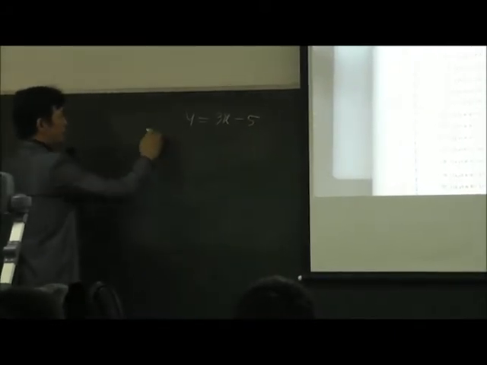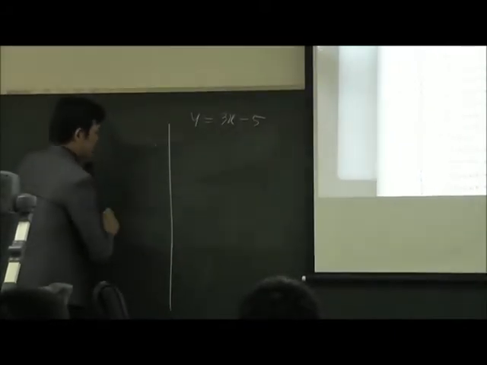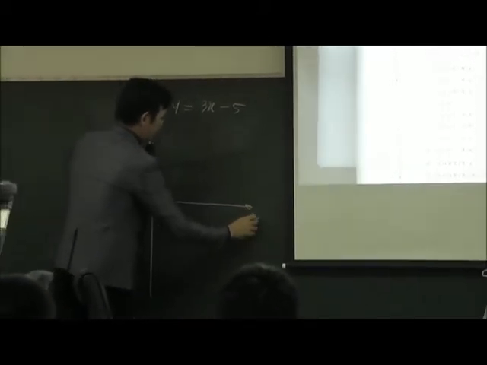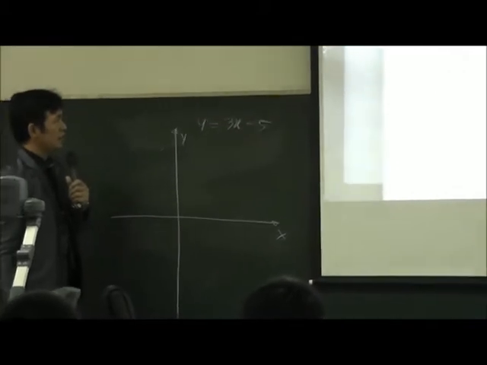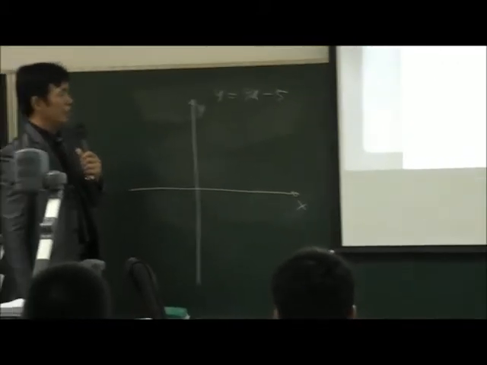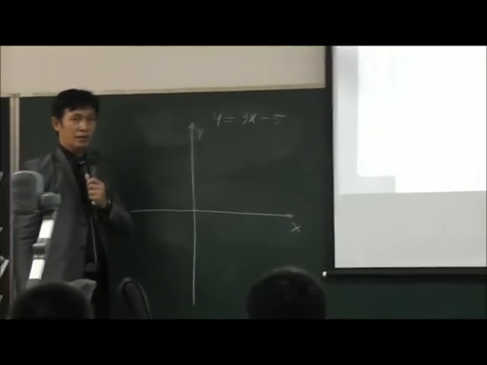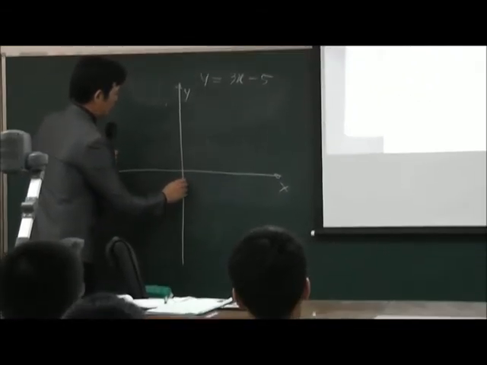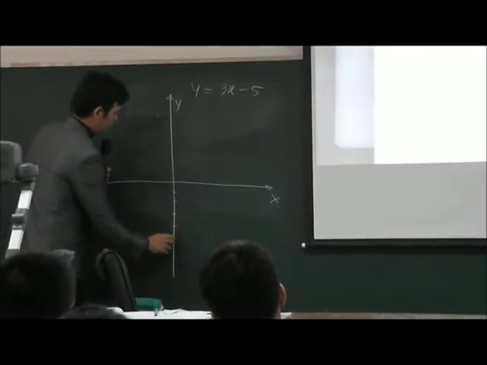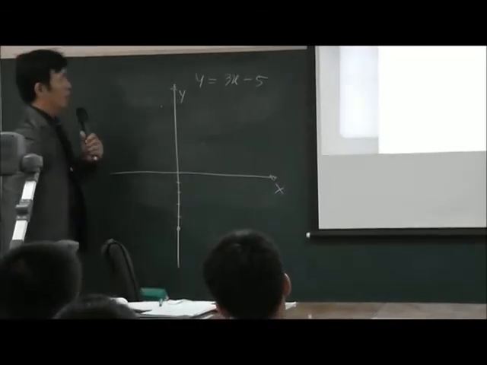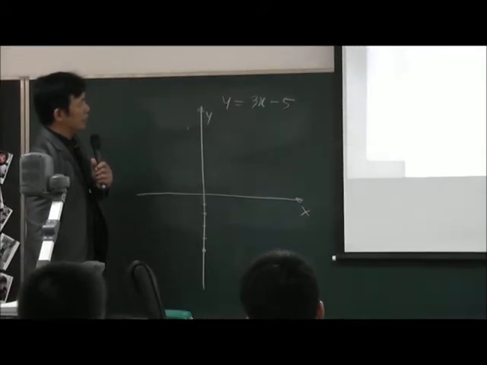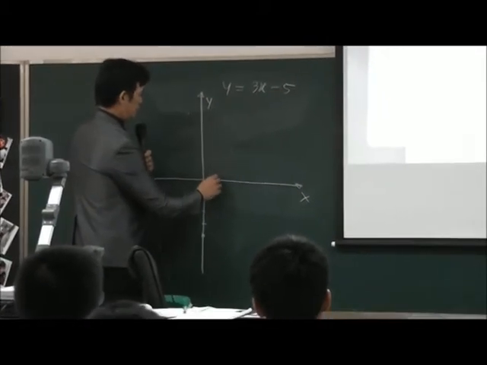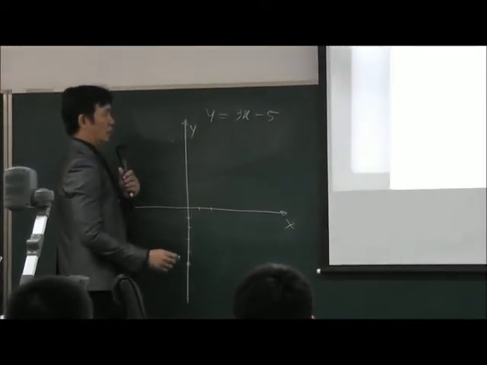How can we sketch it? It's easy. This is the y-axis, this is the x-axis. We start with x is 0. If x is 0, how about y? Y is negative 5. If x is 2, y is 1.